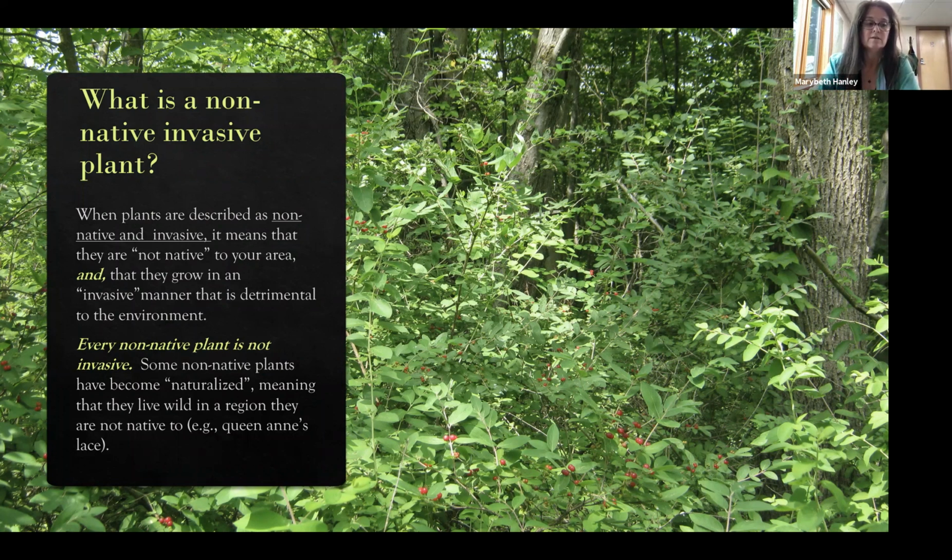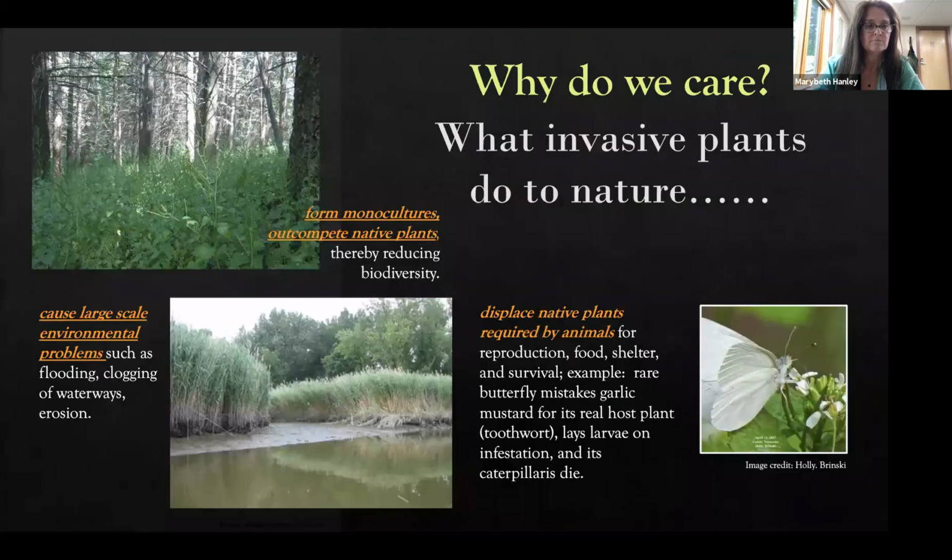There are a lot of non-native plants, some of which have become naturalized, meaning they live wild in the region they're not native to, but they're not invasive. So just because a plant is non-native doesn't mean that it's invasive. And people didn't know that this was going to happen when they introduced these plants.